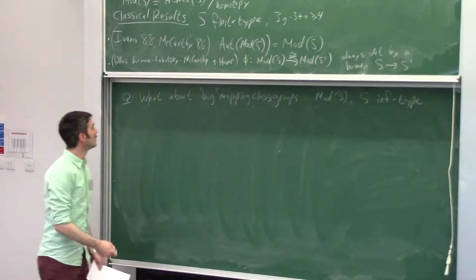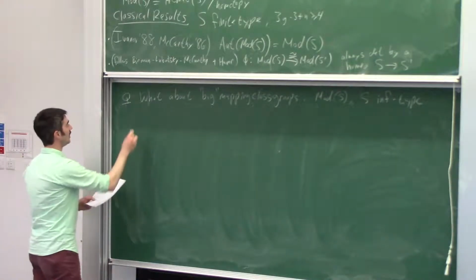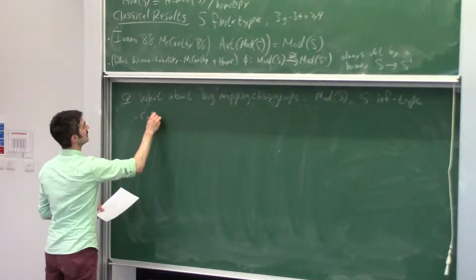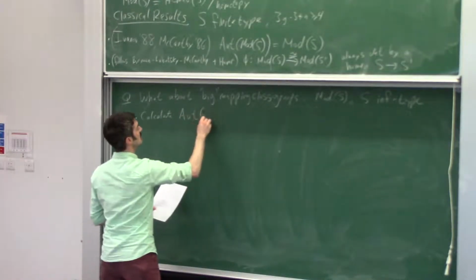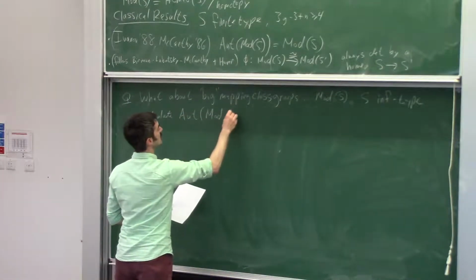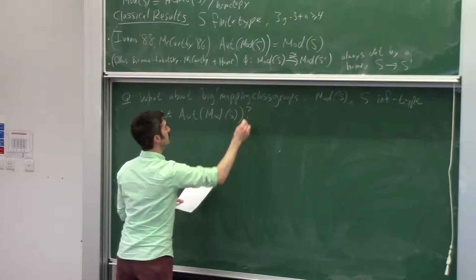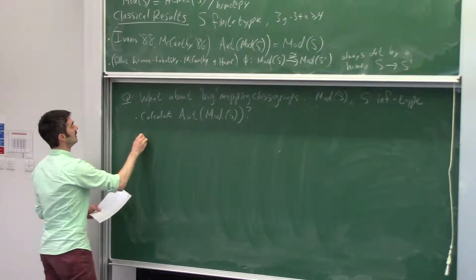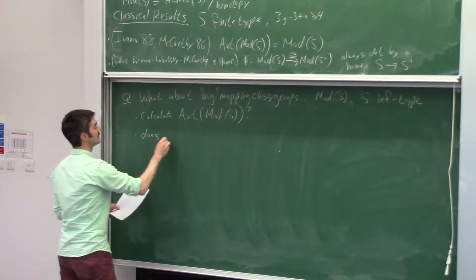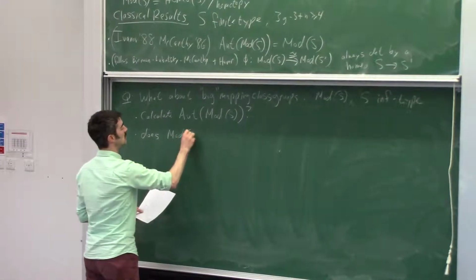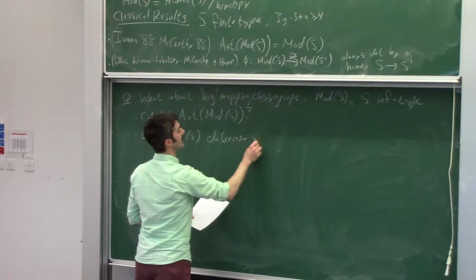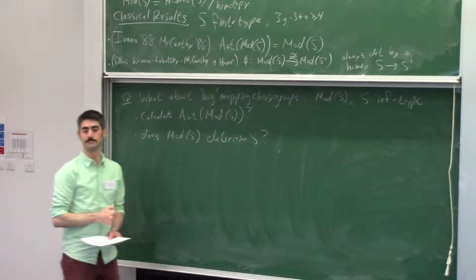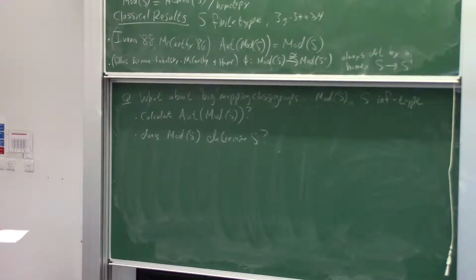To be more precise, my questions are: can you calculate the automorphism group of the mapping class group? And secondly, does the mapping class group determine S? Those are two questions you might ask.